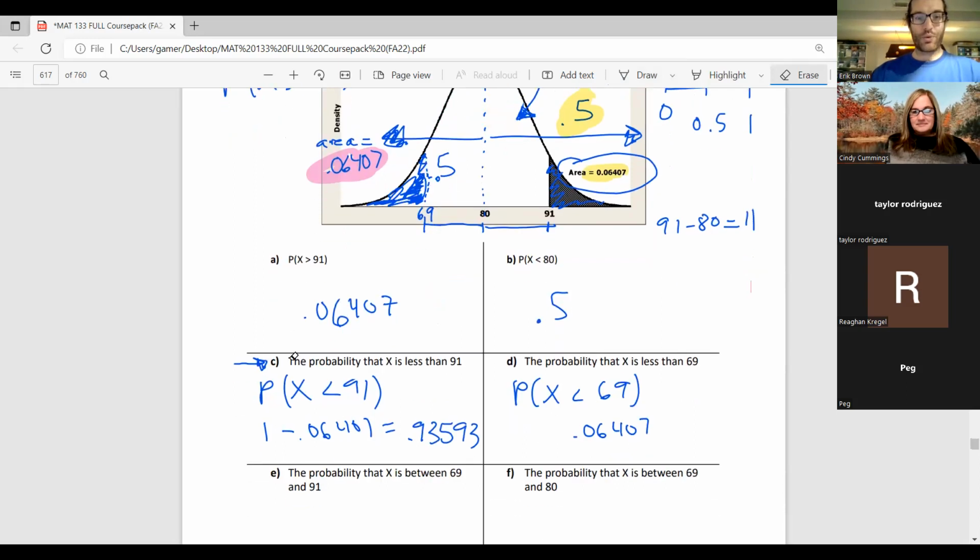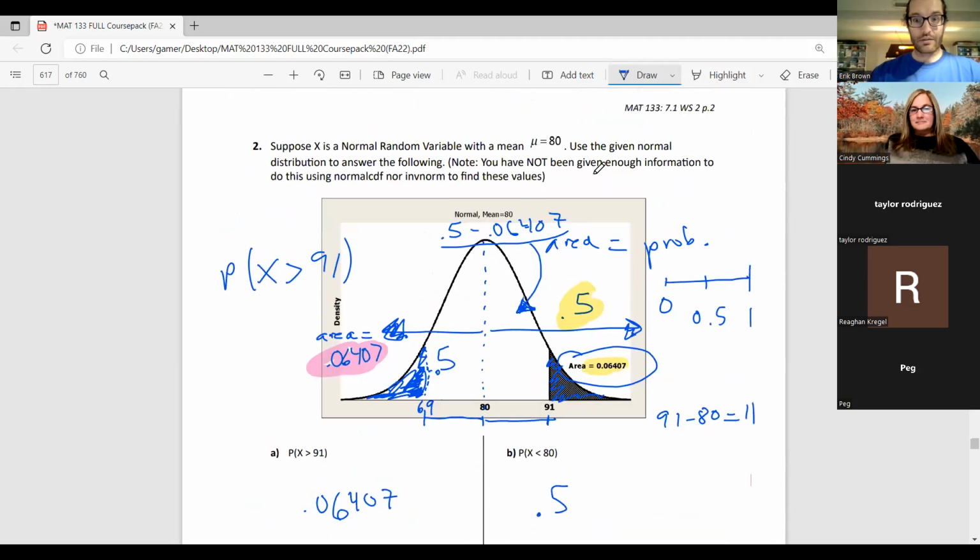Then X is between 61 and 91. By the way, if we had known the standard deviation, which we didn't, right? It didn't tell us. We could have used StatCrunch and the normal calculator to calculate these, but we were only told the mean.